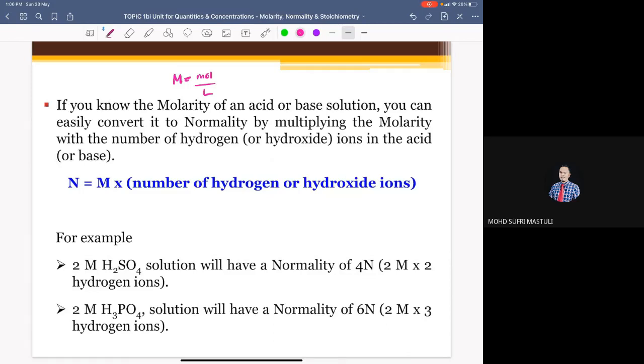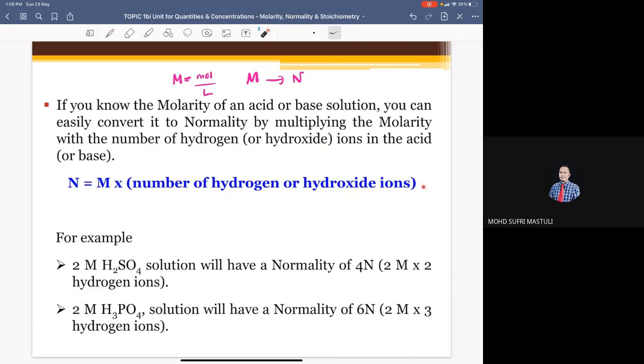We can convert molarity into normality by multiplying the molarity with the number of hydrogen or the number of hydroxide ions in the acid or in the base.